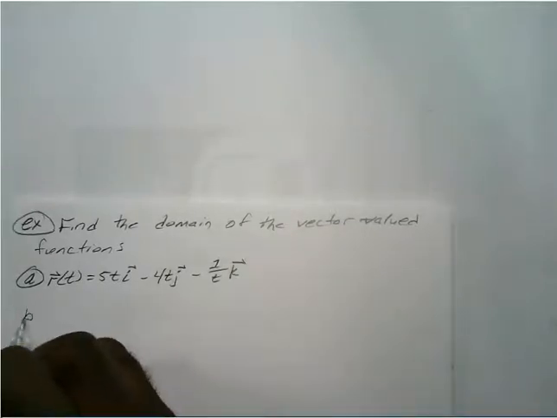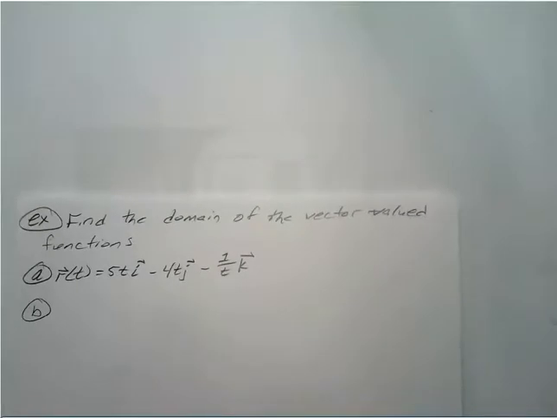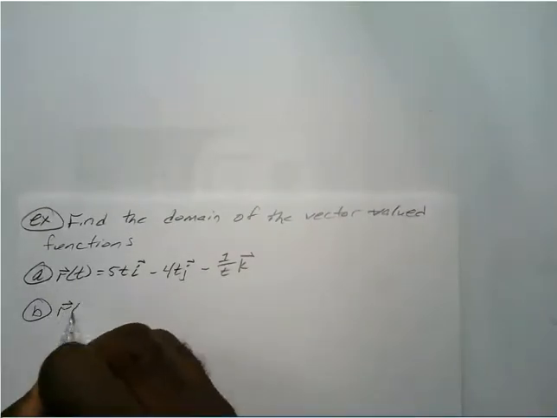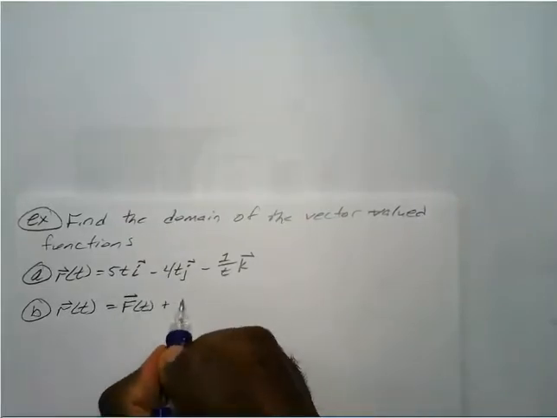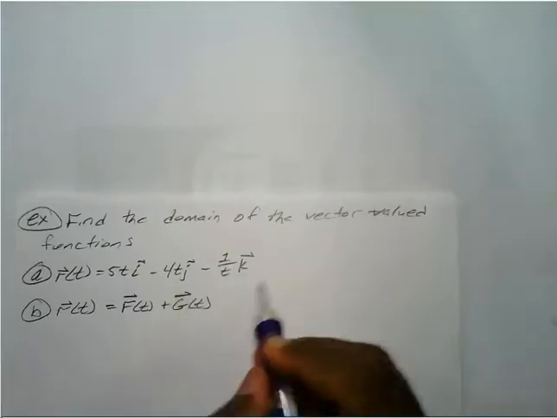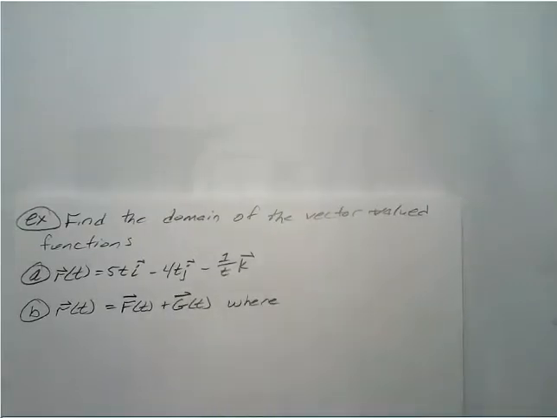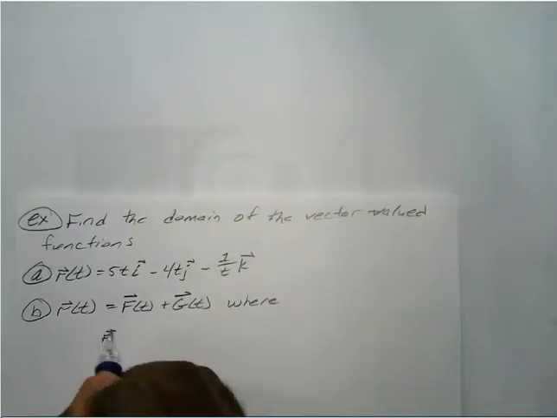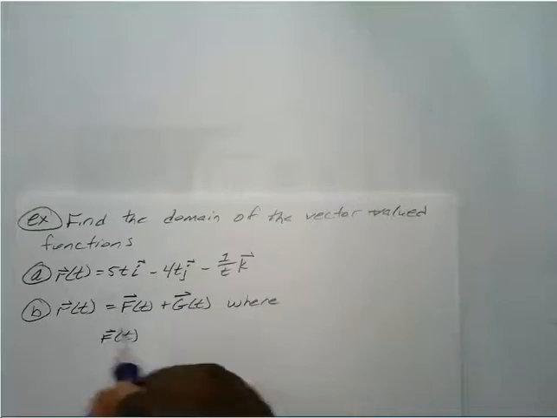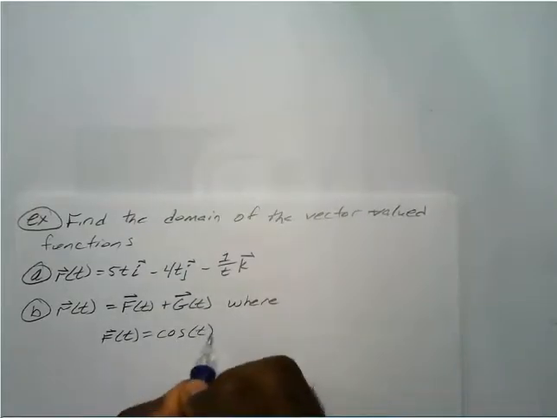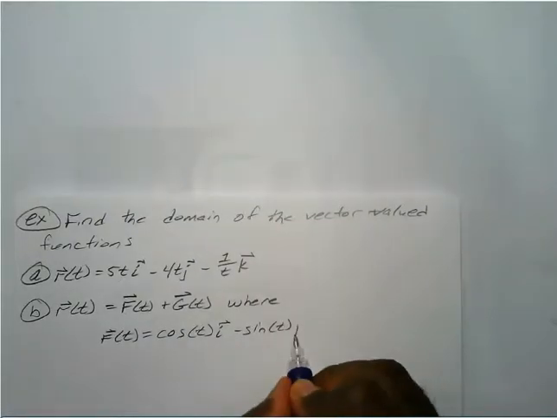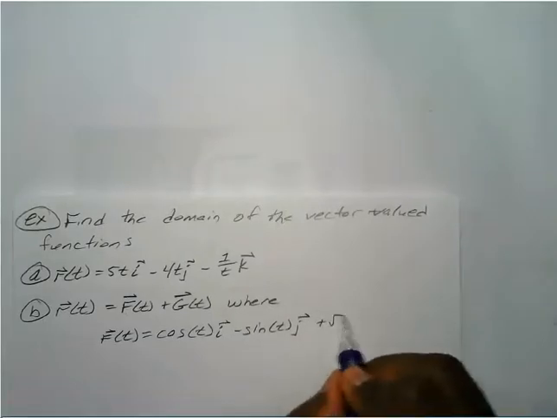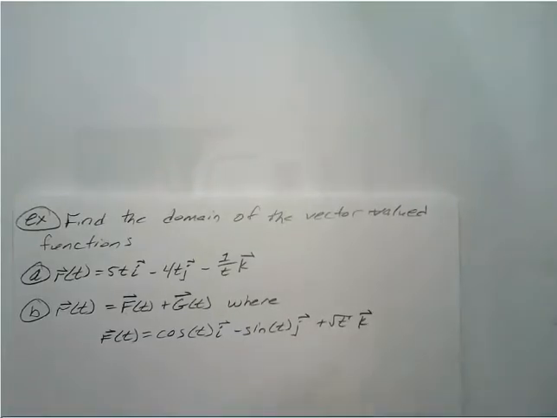And for problem B, we have r of t is equal to f of t vector plus g of t vector, where f vector of t is equal to cosine of t times i vector minus sine of t times j vector plus square root of t times the k vector.